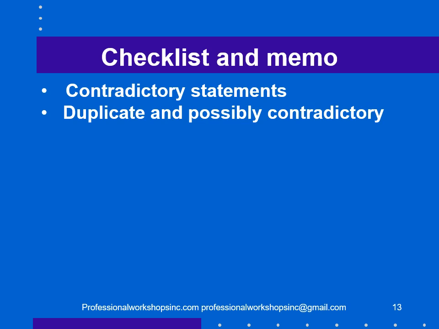So if you're going to write a memo based on a checklist, you've got to write down on such and such a date, this staff person did this, and on the following day, another staff person did that. So you're really at risk that you're going to duplicate and possibly contradict, or you're going to have stuff in the checklist that's not in the memo, or stuff in the memo that's not in the checklist. So got to be very careful about selecting a memo to document something on when you're also having a checklist.